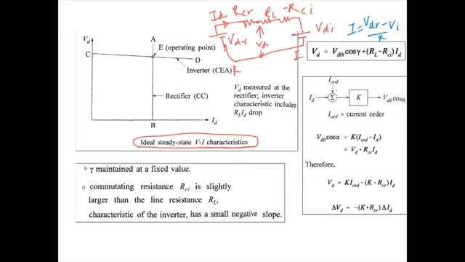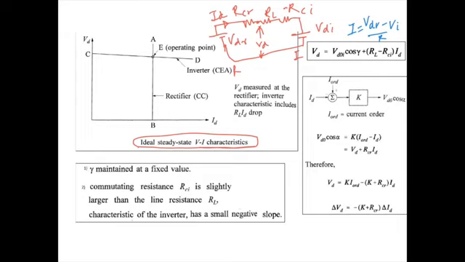Now the inverter side voltage VDI can be expressed in terms of Vd. For that purpose, let's consider this circuit diagram where Vd is a DC voltage and the current Id enters, and then there is a voltage VDI. This circuit can be represented by the equation Vd equals VDOI cos gamma plus the bracket RL minus RCI times Id.